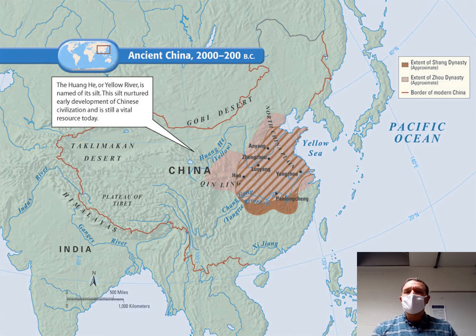But for much of the world, China is geographically isolated. And so these 2 river valleys are going to develop distinct cultures unique from any that we've studied so far. So they're a fascinating group, and let's go ahead and get started.